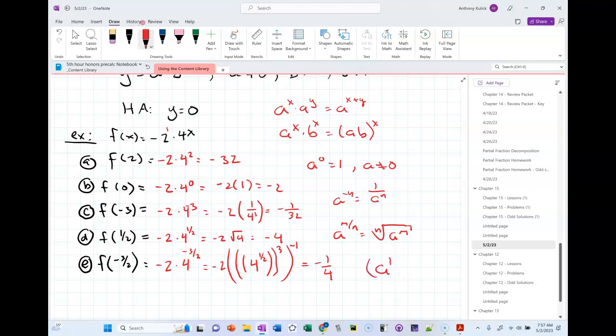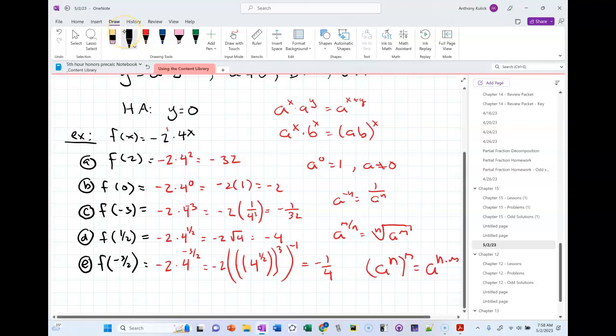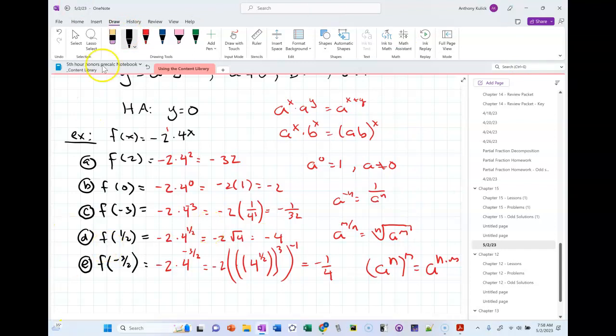So the key here is remembering that the exponent of an exponent is multiplication. Everybody okay with this?